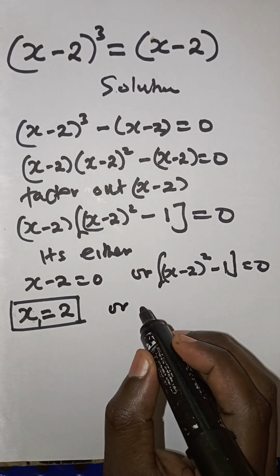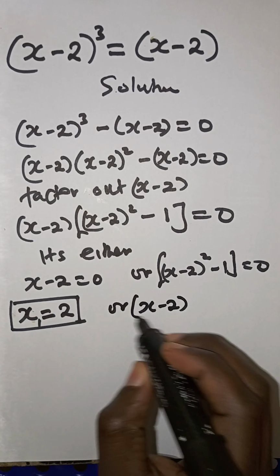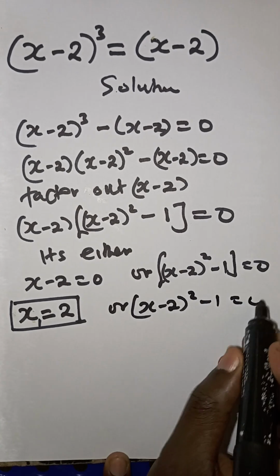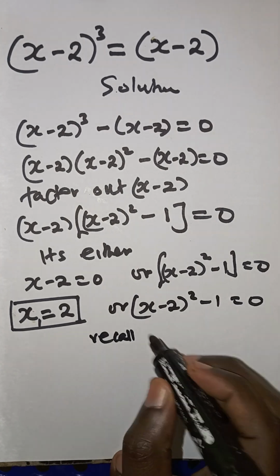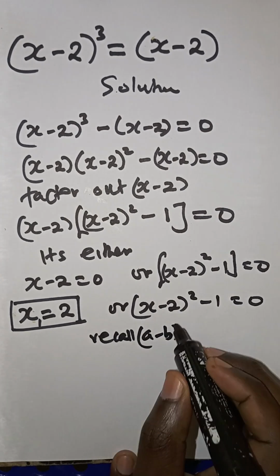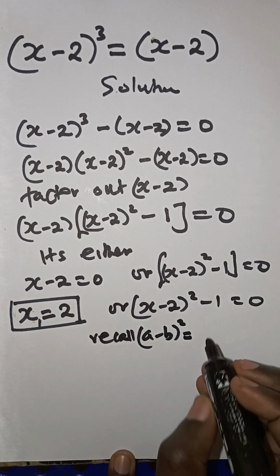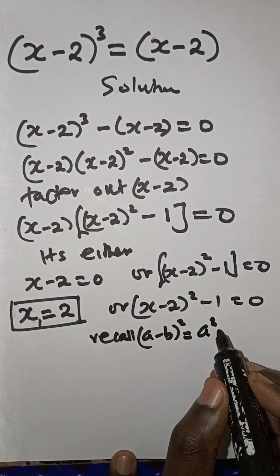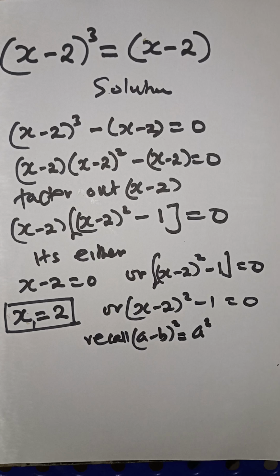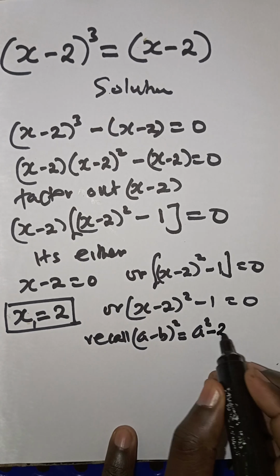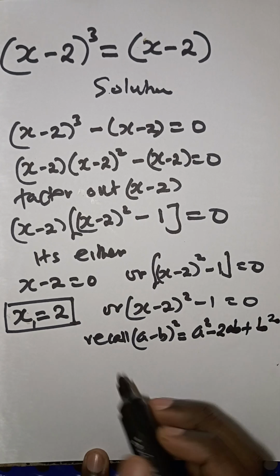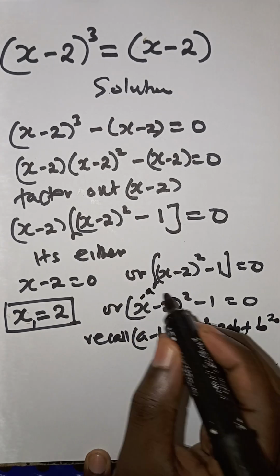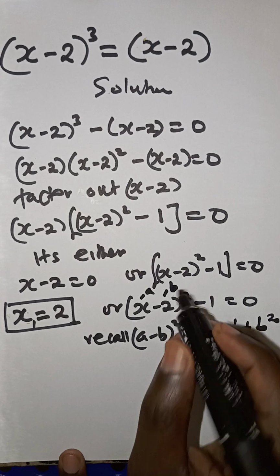Or on this part, I'm going to expand (x − 2)² − 1 = 0. Recall that wherever you have (a − b)², this can be expanded as a² − 2ab + b². So for this case, this represents a, this represents b.